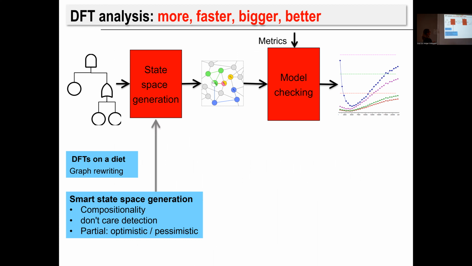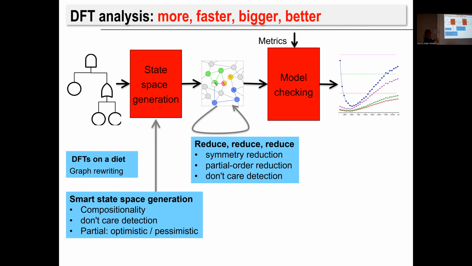For instance, smart state space generation using compositionality. Maybe you detect that some states do not matter. You can do a partial state space exploration where you can be optimistic and pessimistic.